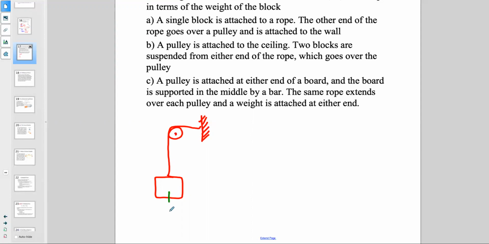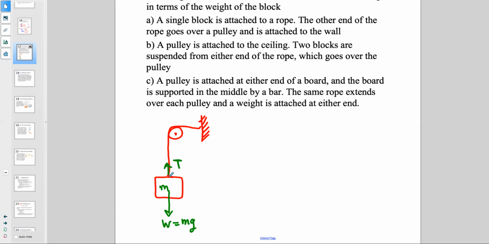And then what we know is that this is a block of mass M, and this is W, the gravitational force exerted on the block by the Earth gravity, which is essentially mg. And then what we have is T, which is the tension in the rope, as you can see right there.